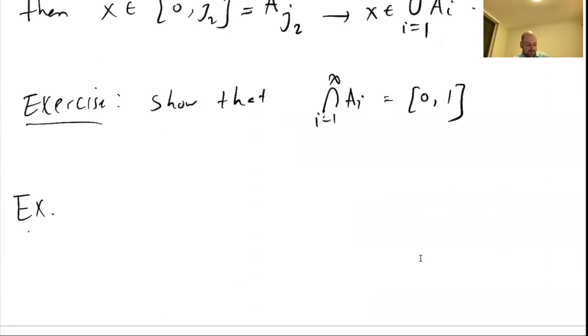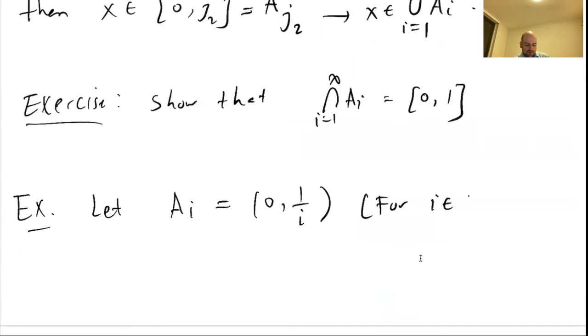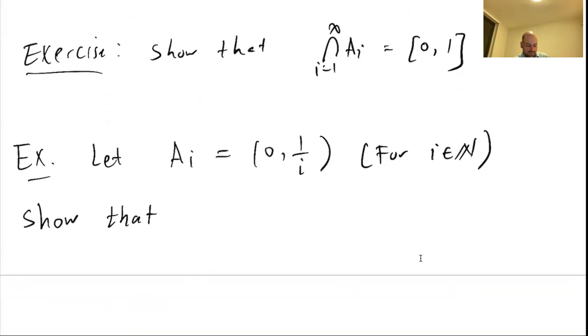Another example, let A_I, let's say, equal 0 to 1 over I, for I in N. Show that the intersection of A_I, I from 1 to infinity, is equal to, what do you think it is?